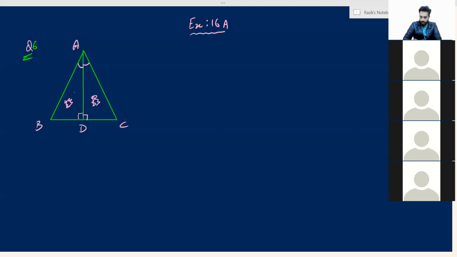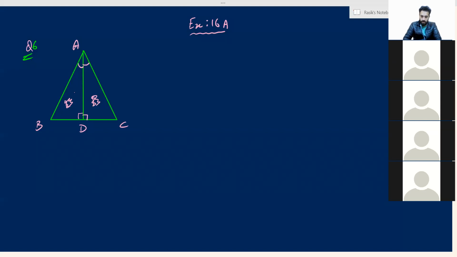AD equals AD, common. Angle BAD equals this angle, this angle equals this. And then, not beta, by mistake you have written angle ADM. It should be ADB.